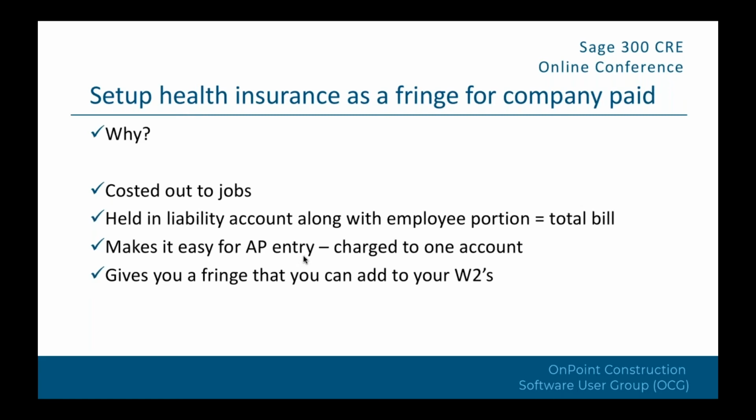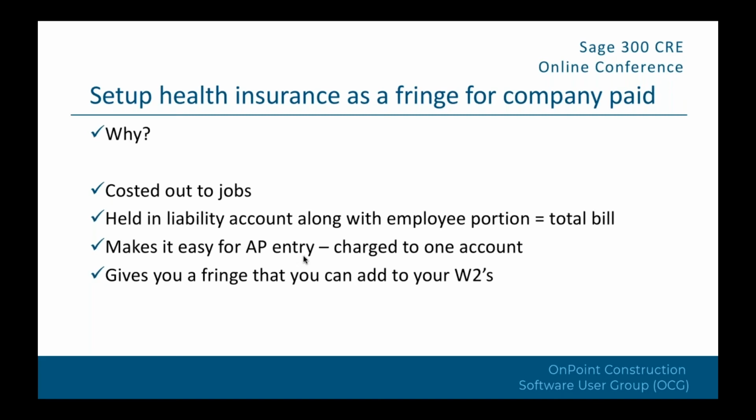Also, another thing that can be set up as a fringe is health insurance, and that's for the company paid portion. So you say, why do I need to do that? I just charge it to G&A, and then that's where I have that bill going. But this would cost it out to the jobs. You want to try to get as much stuff costed out to the jobs as possible, and setting it up as a fringe would do that.